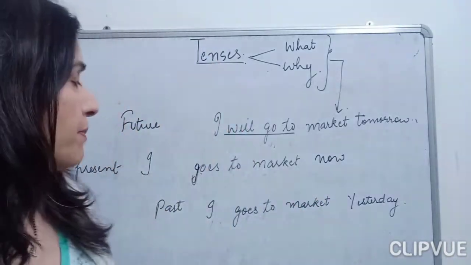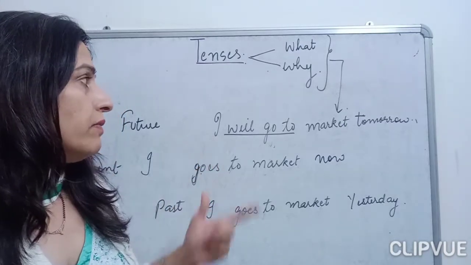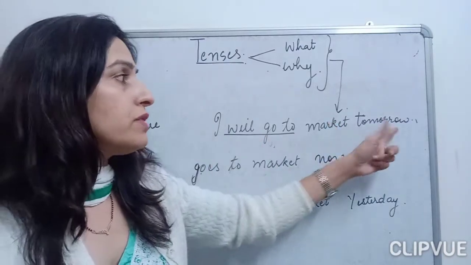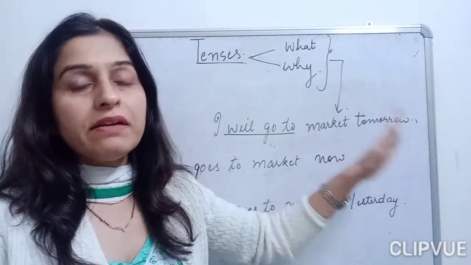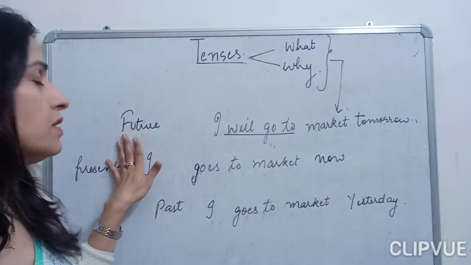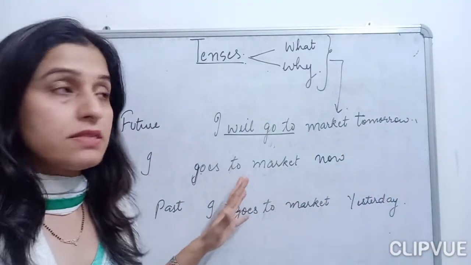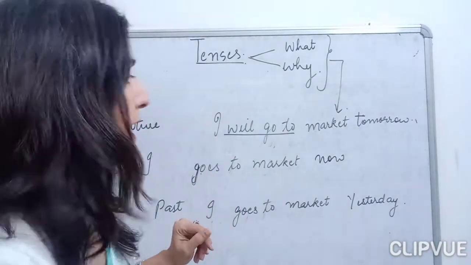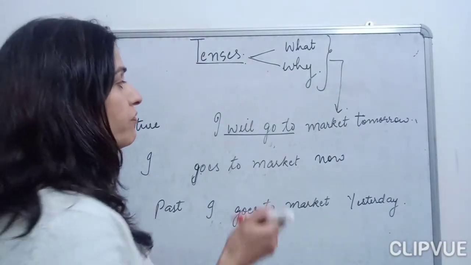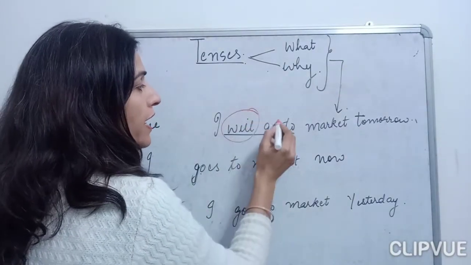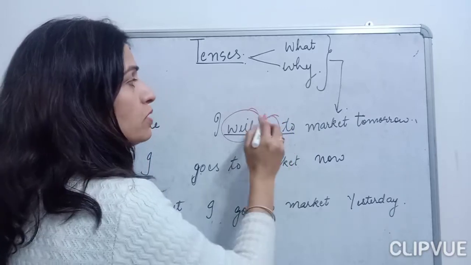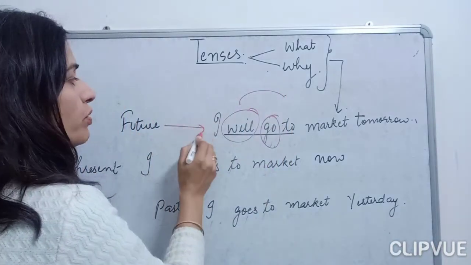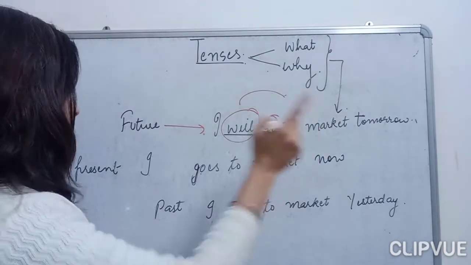Suppose, for example, I take a sentence here: I will go to market tomorrow. This sentence clearly indicates that the person is talking about the future tense. That is why I have taken here my verb will, and I have used my verb go to indicate that my work is going to happen in the future.